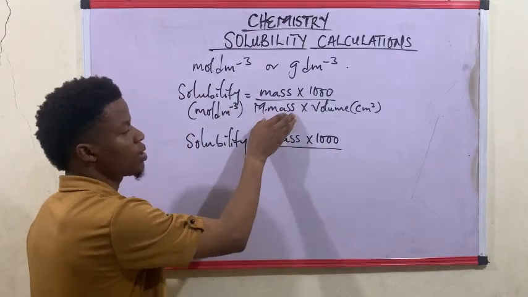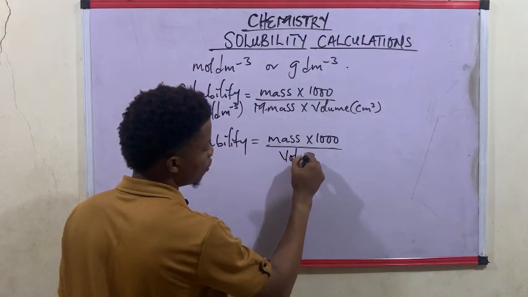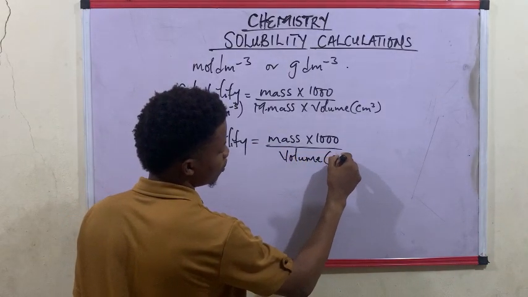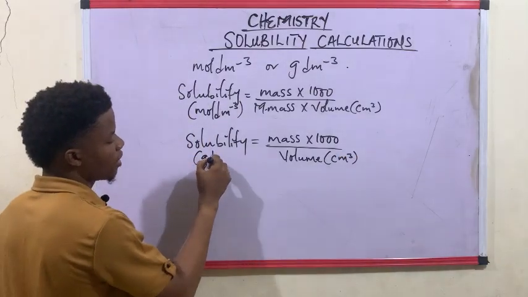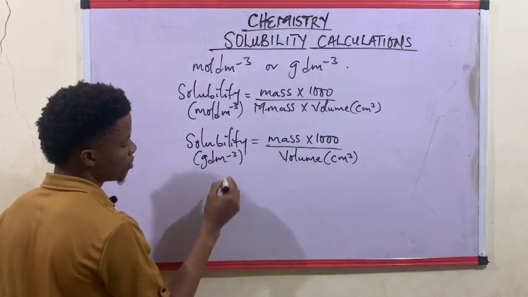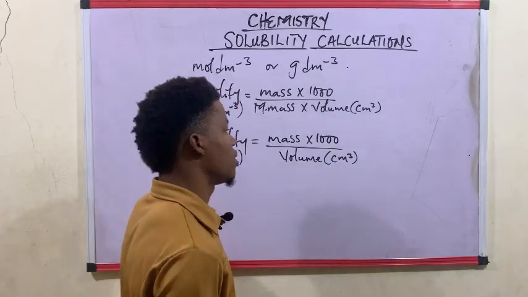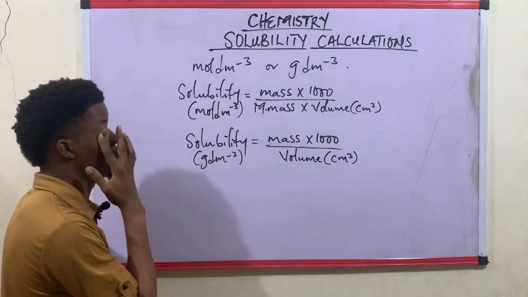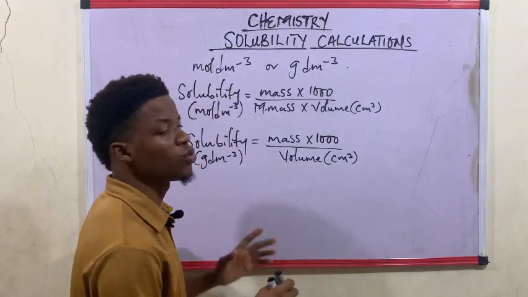The molecular mass is removed from the formula. So this will give us solubility in grams per dm cube. With this formula, we can go into questions.